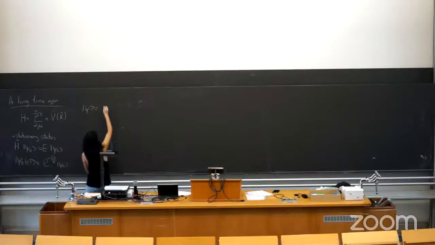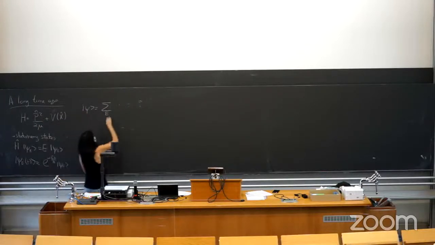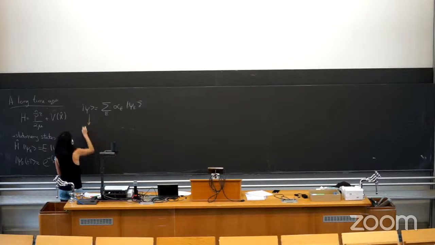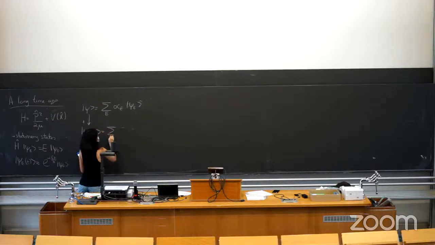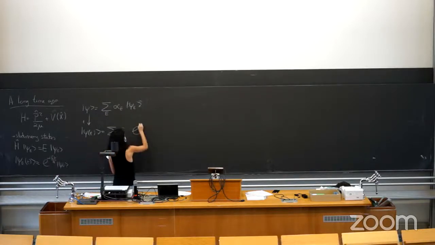So sum over all E, or integrals if this is continuous, but it's not going to be. Then after time t, everything is linear, so this evolves just to a superposition of e to the minus i E t over h bar.